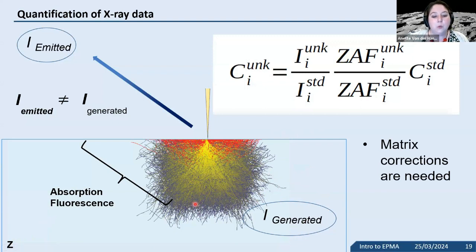And then the generated X-rays need to travel through the sample before they can be emitted. And there we have absorption and fluorescence effects. And so usually we have to expand our quantification equation to include terms for the differences in these processes in our standards versus the unknowns. And this is what we usually refer to as matrix corrections.